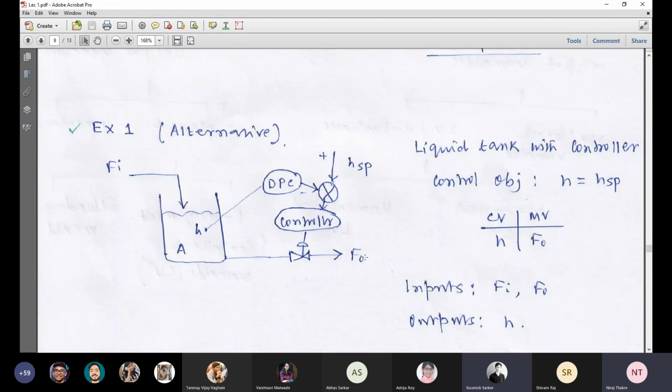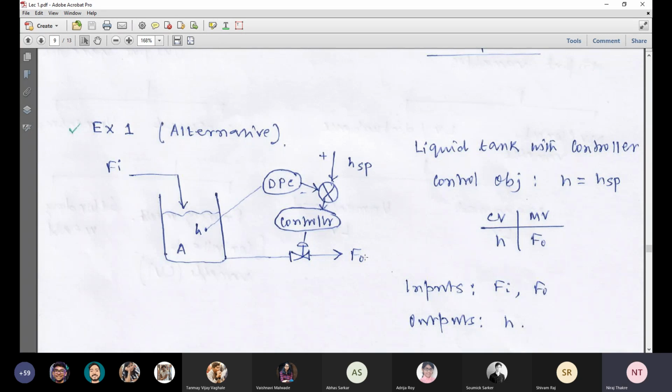Now, can you define based on the classification table we discussed? I need a very straightforward answer. If F0 is manipulated, we can consider it a manipulated variable, which is under input variable. Correct. This is a straightforward answer.